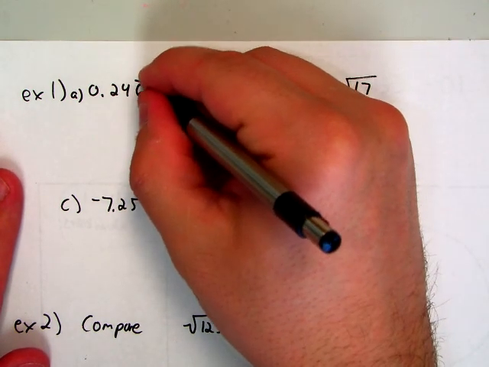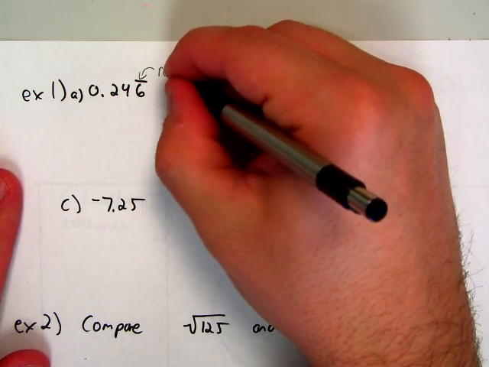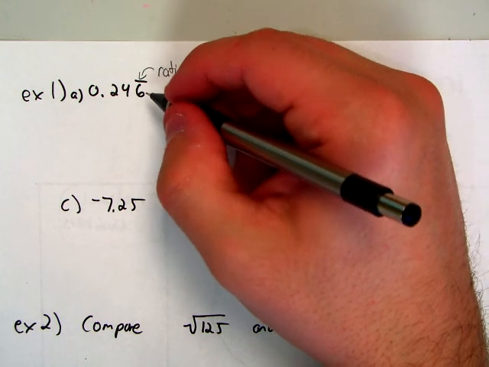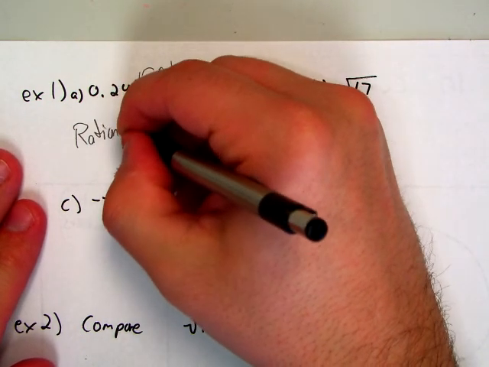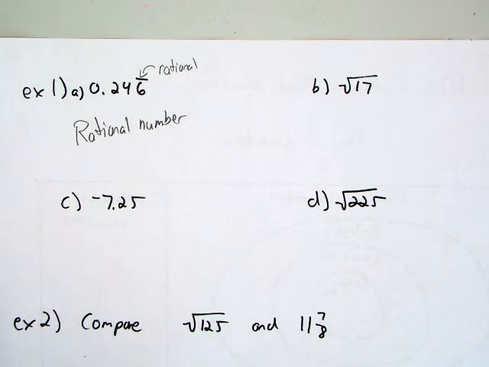This right here, the repeating sign, means that this is rational, because any repeating number can be written as a fraction. So this is a rational number. And that's it. It's not a natural number, integer, or whole number because it's a decimal. But it is a rational number.